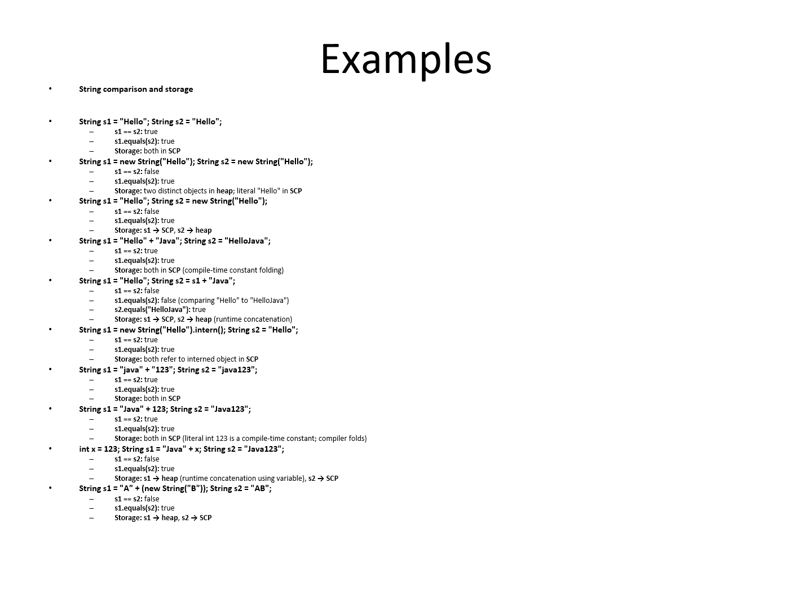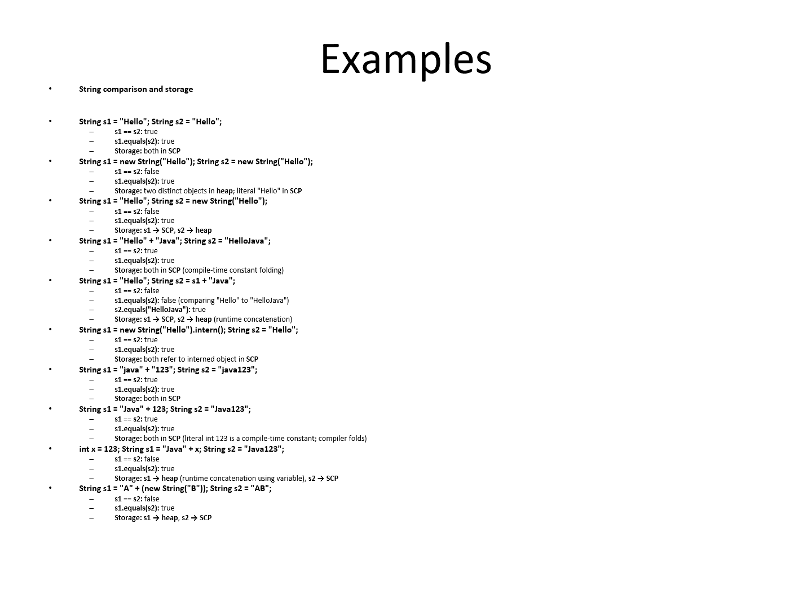Next example is, when S1 is created using the literal Java plus 123, where 123 is not a string, and S2 is Java123. But here we are concatenating at compile time. So both strings will get stored into SCP and their references will be the same and content is also the same.